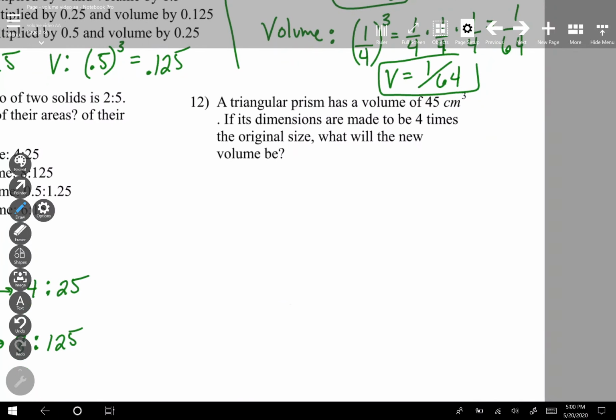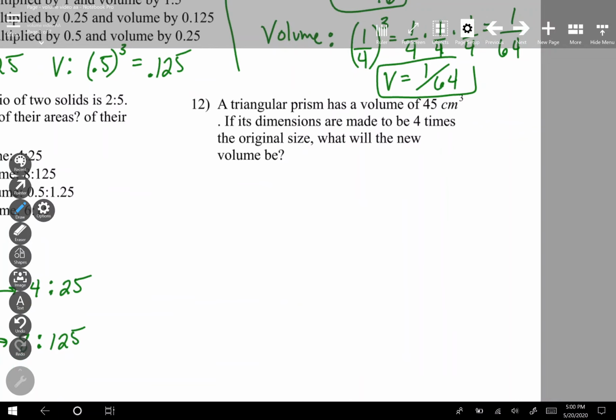Okay, next one here. It says a triangular prism has a volume of 45 centimeters cubed. If its dimensions are to be made 4 times the original size, what will the new volume be? Okay, all you have to do is take the original, and since we're dealing with volume, we're going to take the scale factor, which is 4, and raise it to the third power.